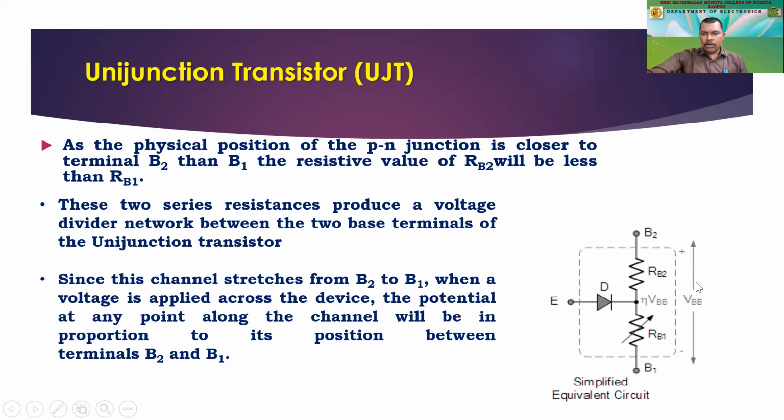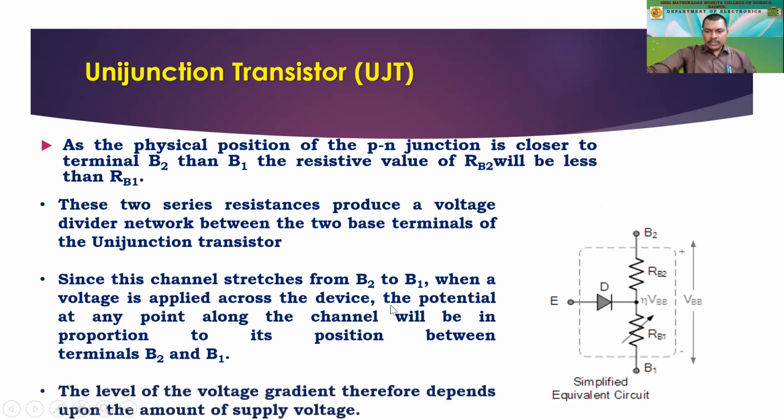Depending on RB1 and RB2, that is the resistance of the material, the channel through which the current is going to pass, the level of the voltage gradient therefore depends upon the amount of supply voltage. Whatever supply voltage we apply is going to define it.